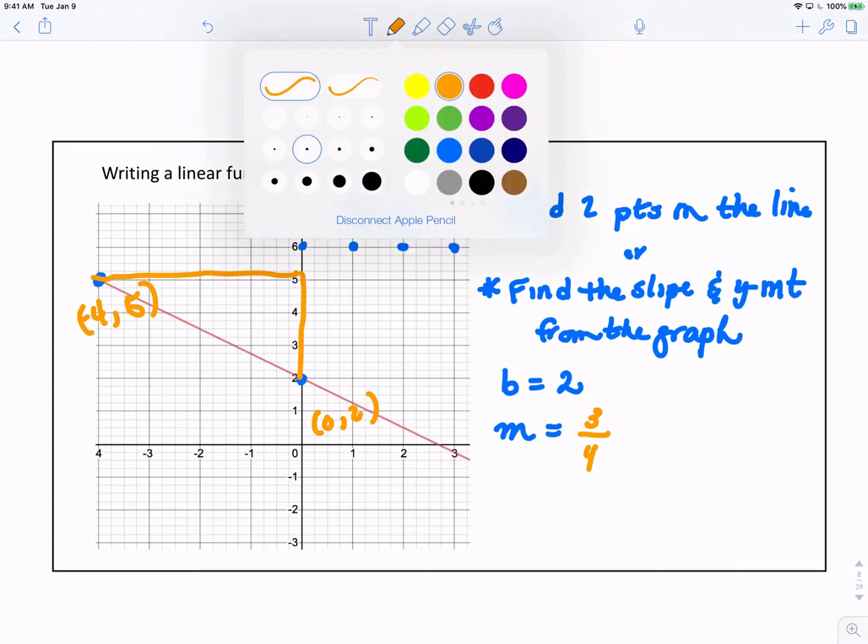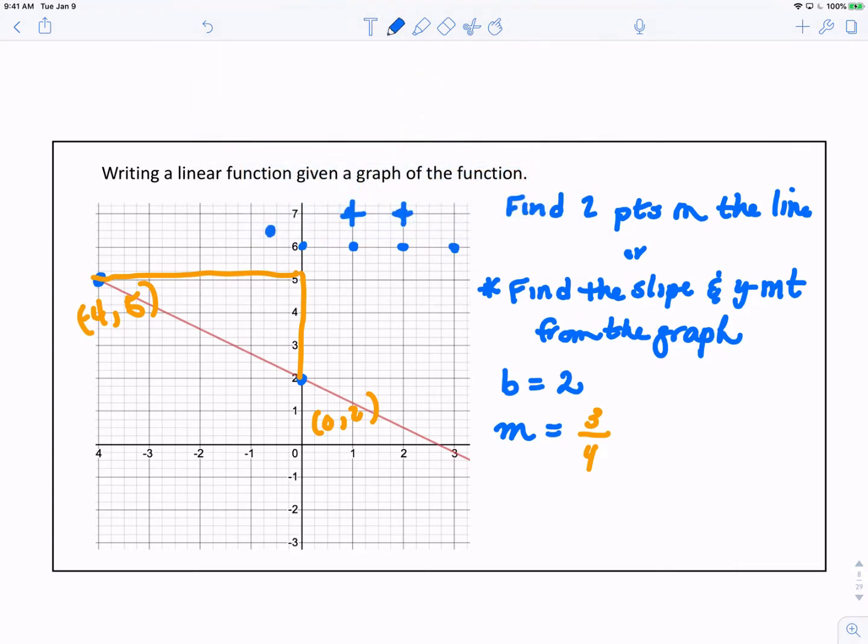So again, either use the slope formula, or you can just draw the picture. So y is equal to mx plus b, y is equal to 3/4 x plus 2, and in function notation, f of x is equal to 3/4 x plus 2.